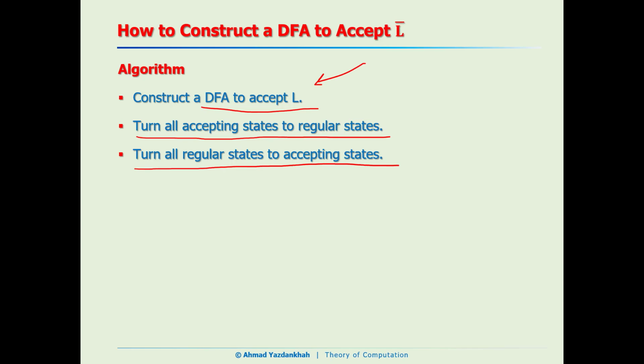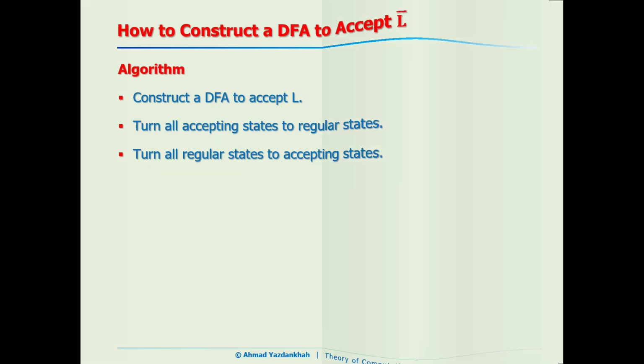Sometimes when you look at the L, it is very hard to design a DFA for L. So in that case, if you can figure out that L bar is somehow easier, first create a DFA for L bar and then use this algorithm to change its role.